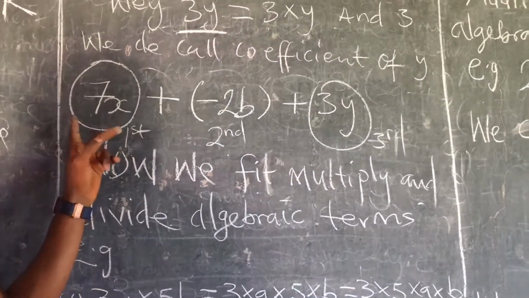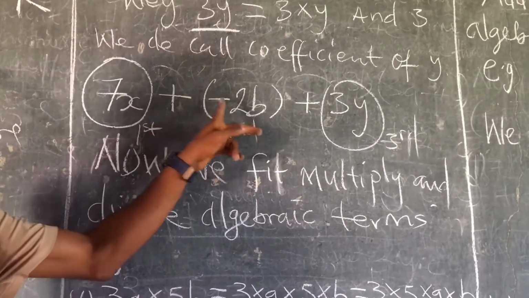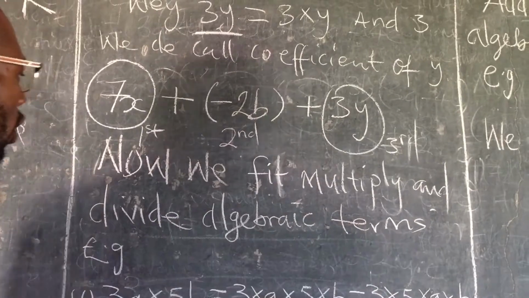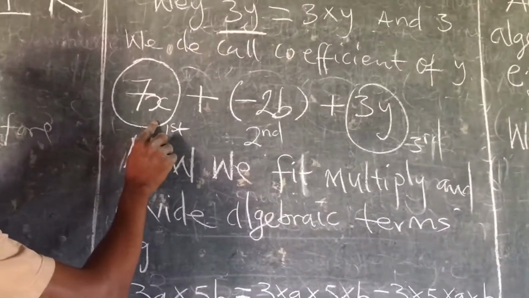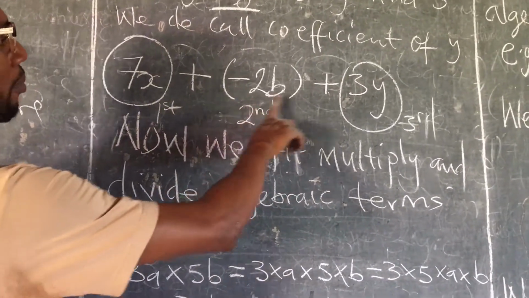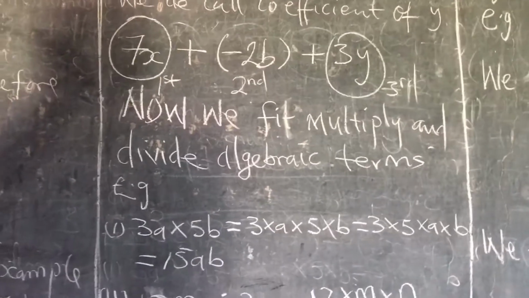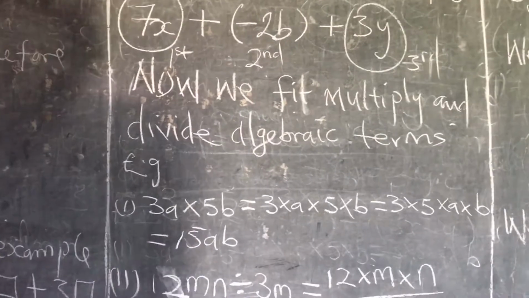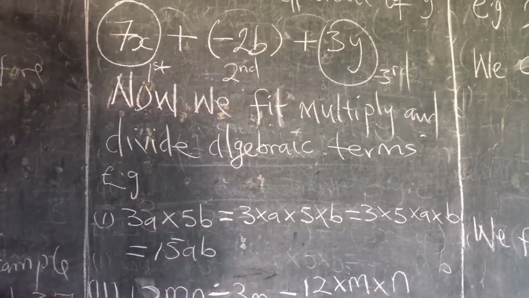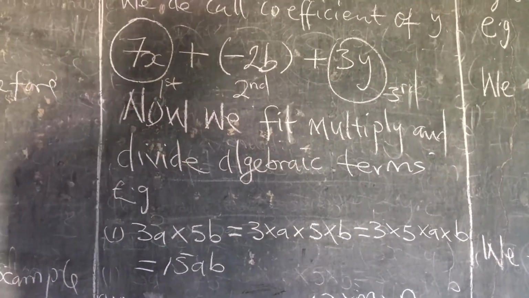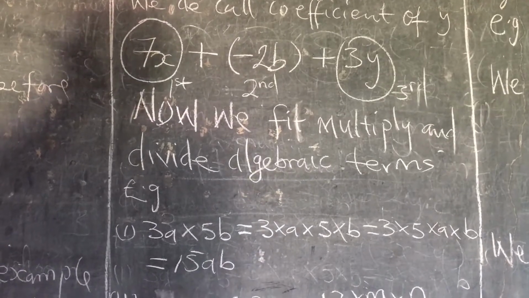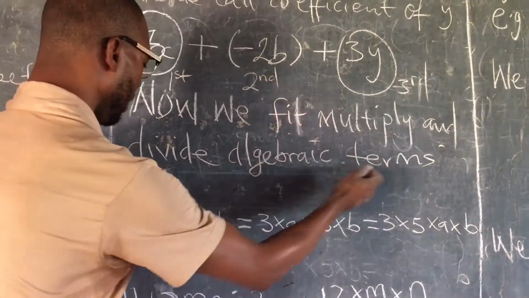As I said before, each of these is a term of the algebra. This one is the first term, this one is the second term, and this one is the third term of the algebra.